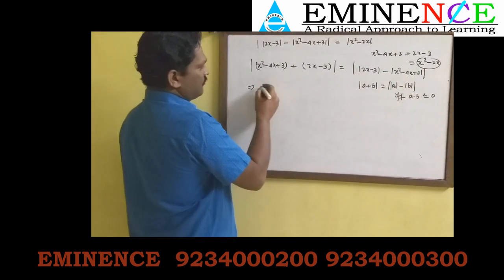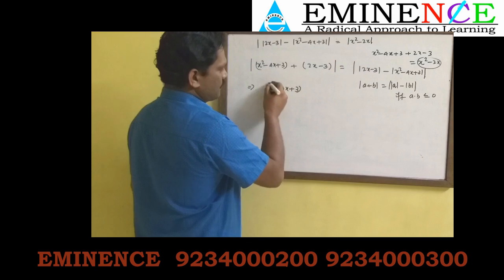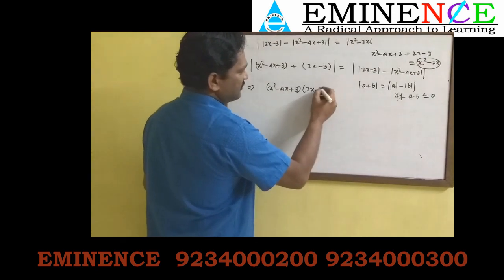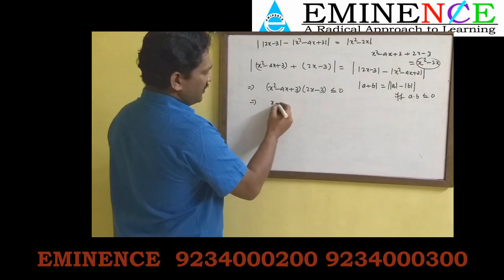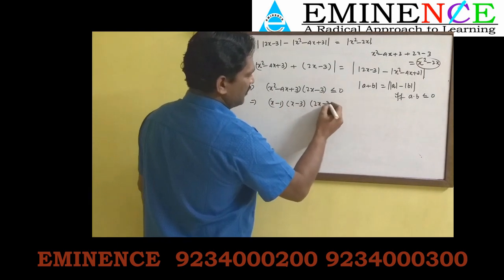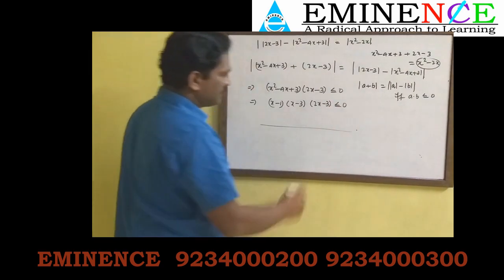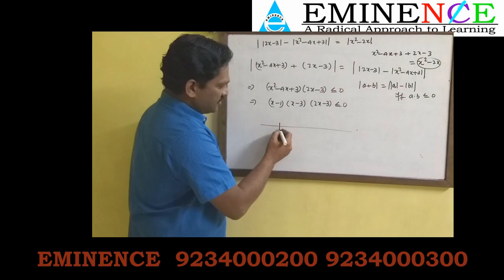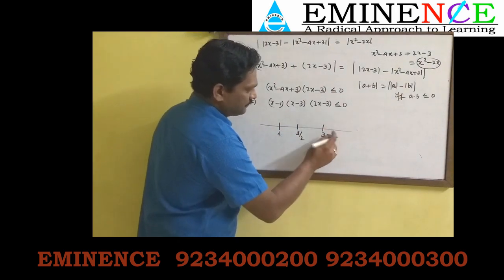So I can write the solution as x square minus 4x plus 3 into 2x minus 3 is less than or equal to 0. So x minus 1 into x minus 3 into 2x minus 3 is less than or equal to 0. The sign of this expression is going to change at 1, 3 by 2 and 3.